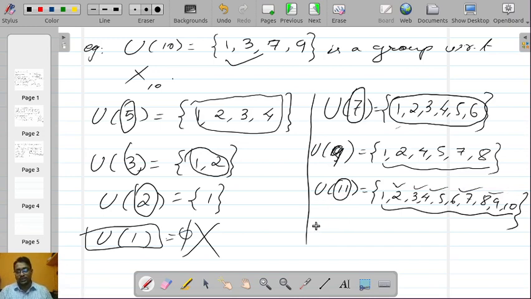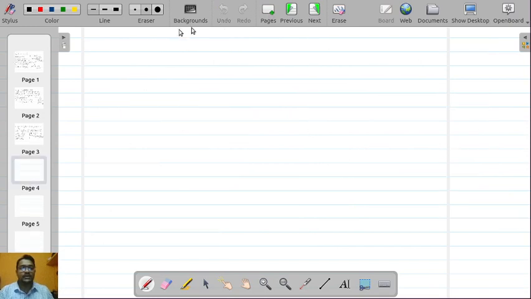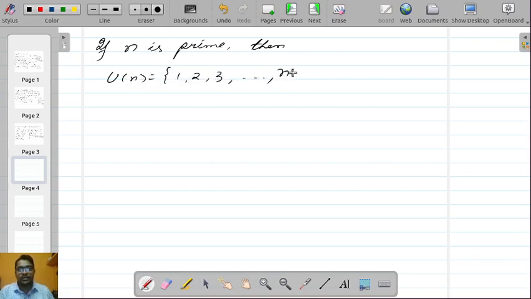So if n is prime, then Un is actually 1, 2, 3 up to n minus 1. It contains all the integers from 1 up to n minus 1.